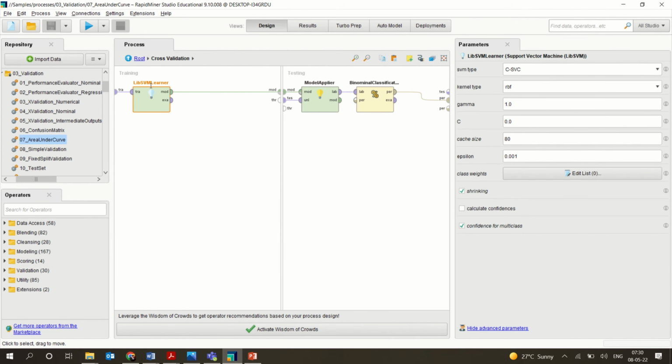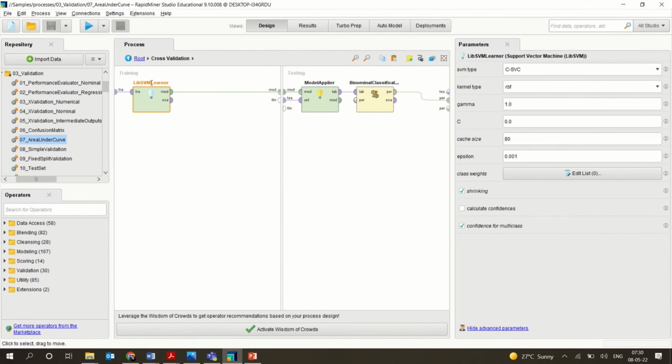In this they have used SVM, another classification algorithm, which is nothing but support vector machine. Support vector machine is wonderful, its theory and its algorithm are beautiful.